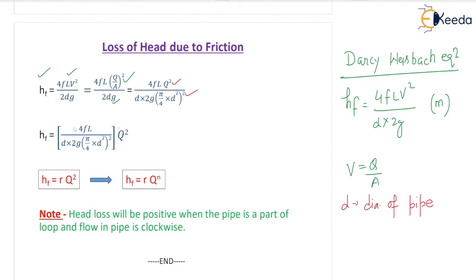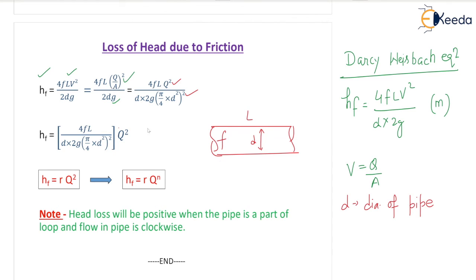You can see 4 is constant. The moment I have given you a pipe like this, for this given pipe, your length will be fixed, correct? Your length will be fixed. Your diameter will be fixed. So these all are constant for a given pipe actually. So for a given pipe, diameter, length, and also head loss due to friction, F value is also constant.